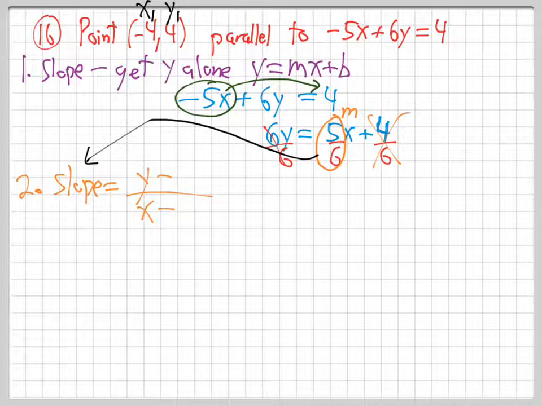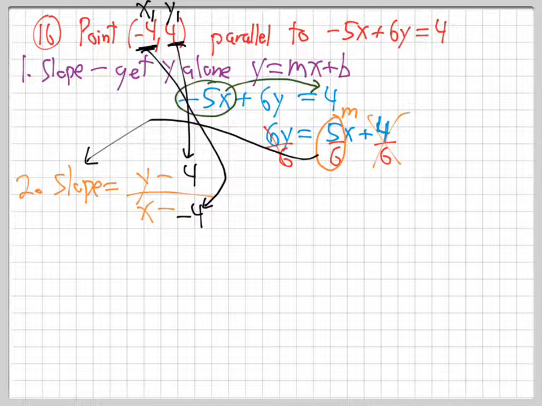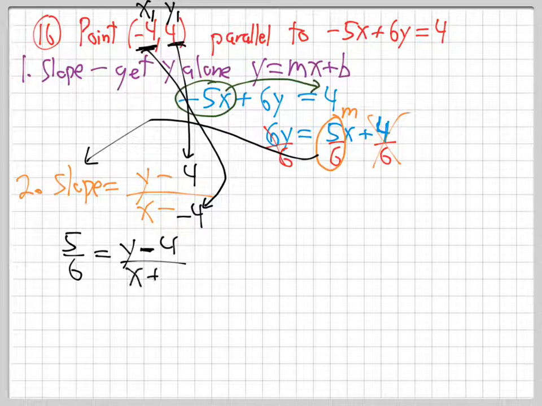Grab the x1 and the y1, and put the x1 behind x, and the y1 behind y. So we get 5 sixths is y minus 4 over x plus 4. And then we go diagonal, diagonal, don't we?